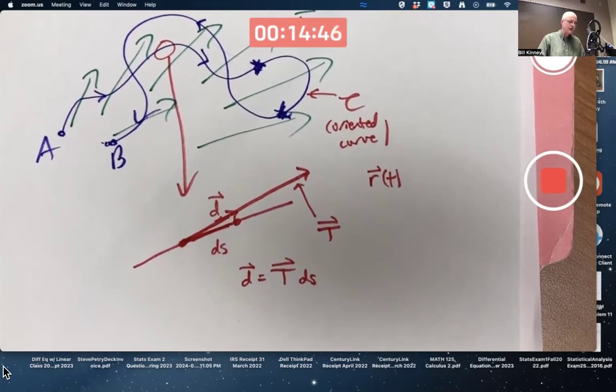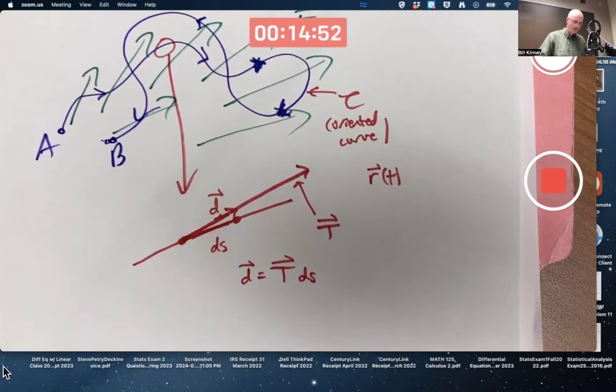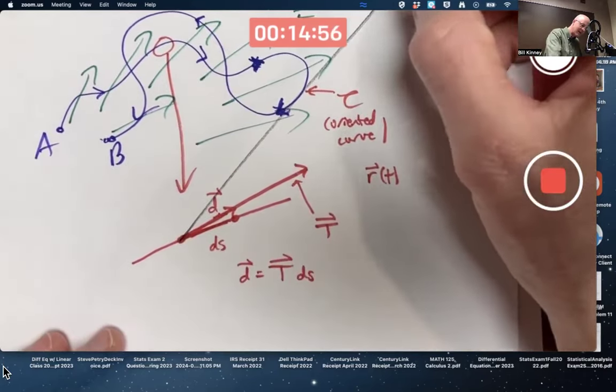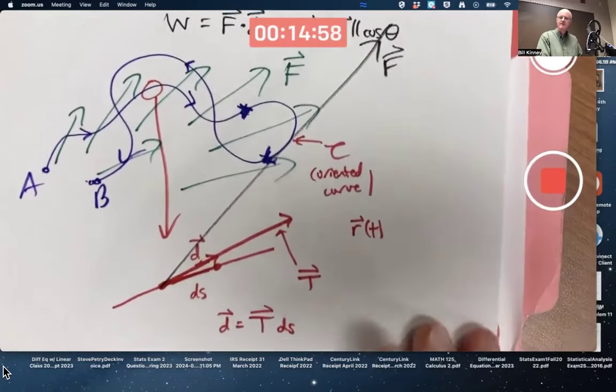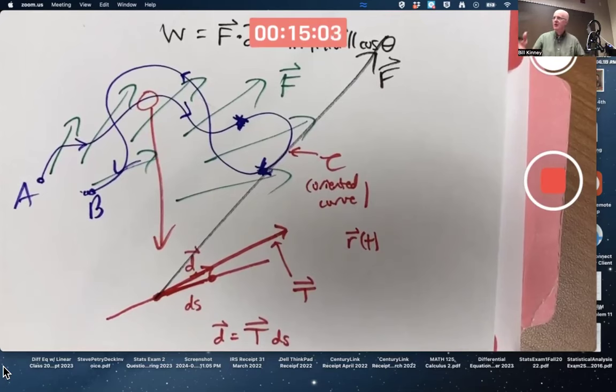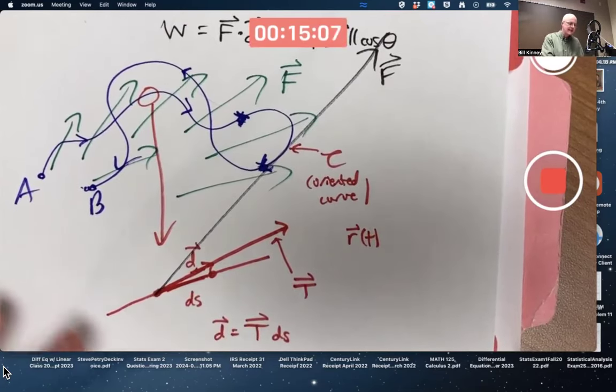And the question then would be, what's the small amount of work done by the force field over this tiny amount of time? The force field, F, is probably some much larger vector even. But the principle of the tiny amount of work done over this tiny chunk of the curve is the same as up here.